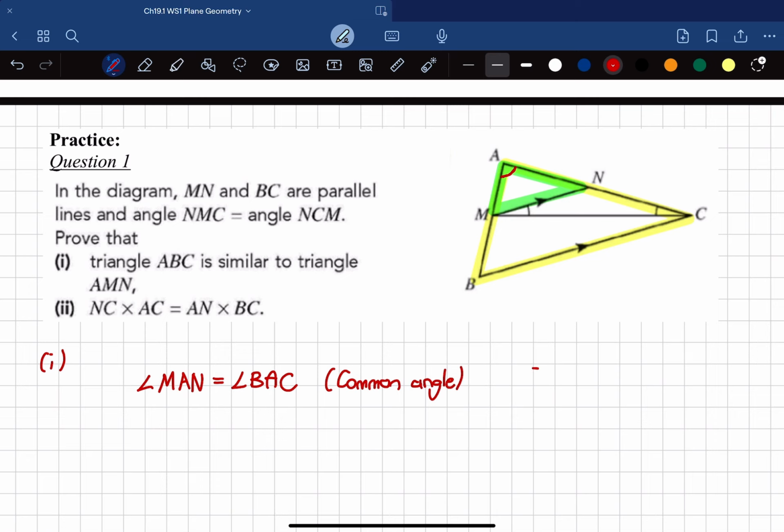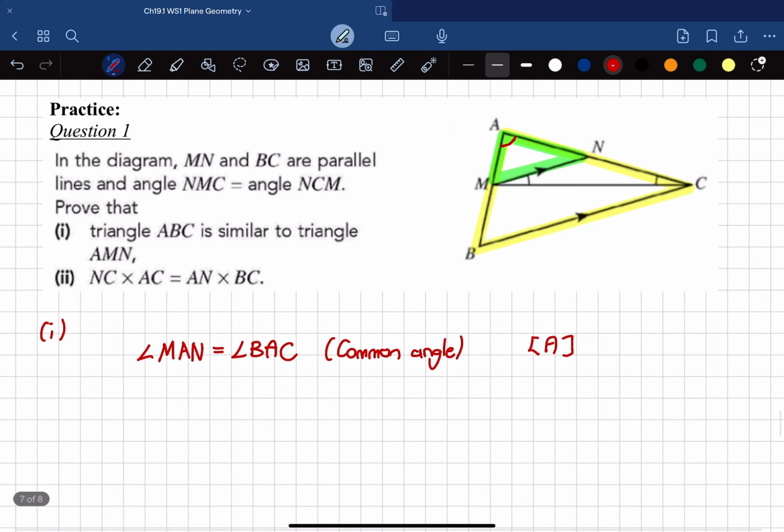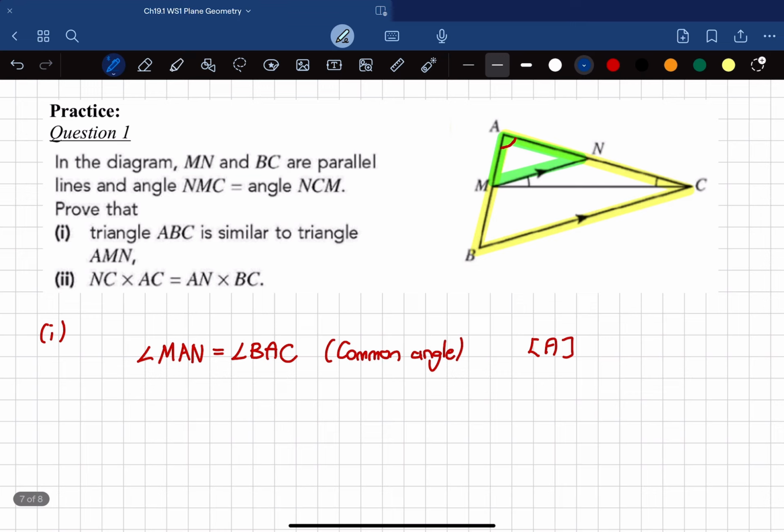This is the first part of the similarity test, the A. The second one, we know that these two angles are the same by corresponding angles. So we will state that angle AMN in the small triangle is equal to angle ABC. This is because of corresponding angles, and we must state which lines are parallel, so MN is parallel to BC.